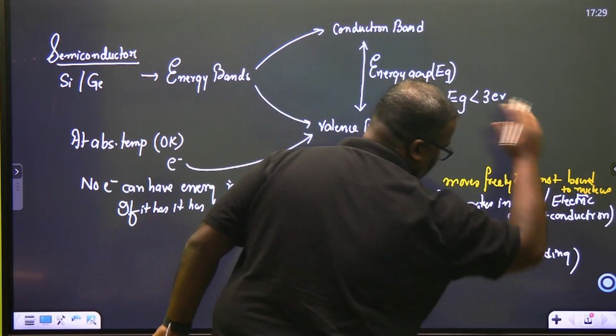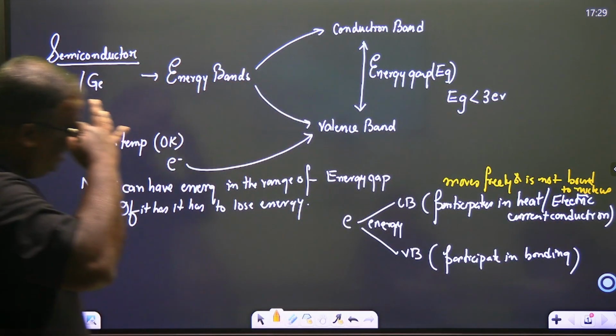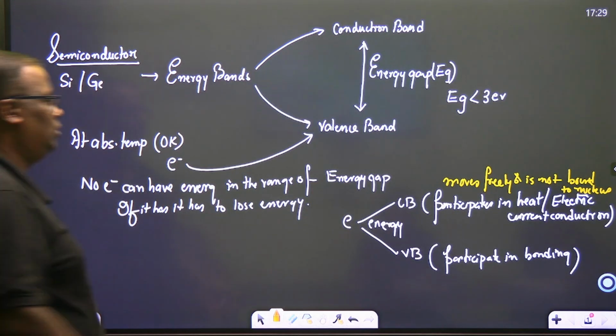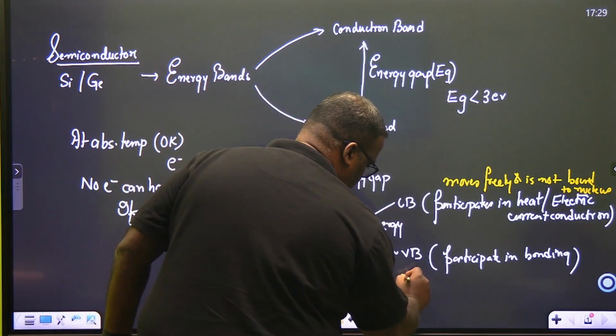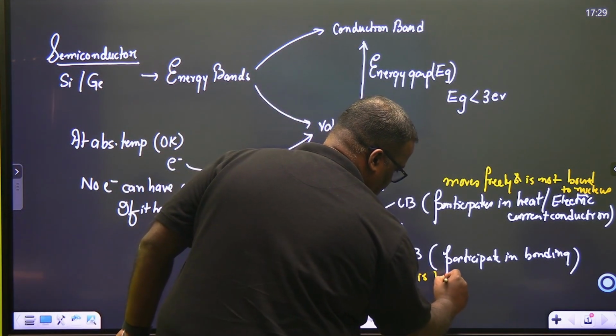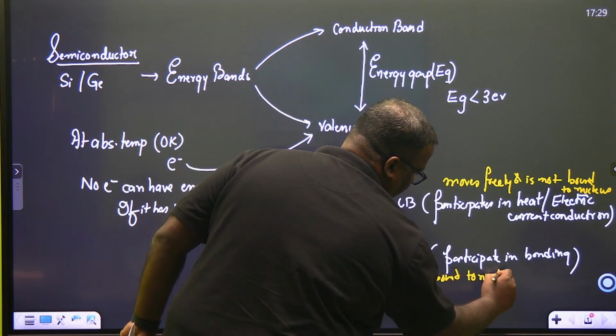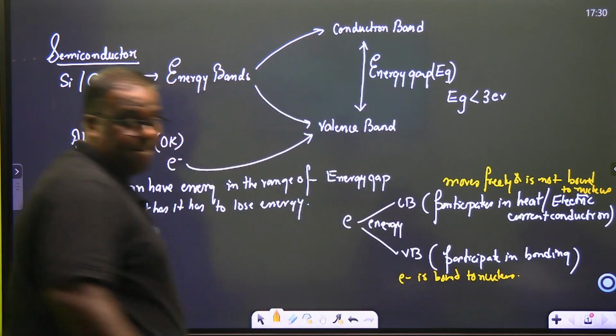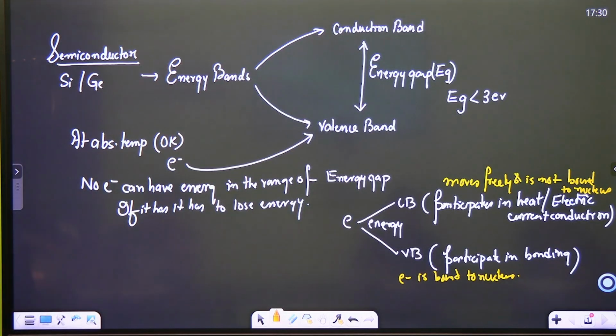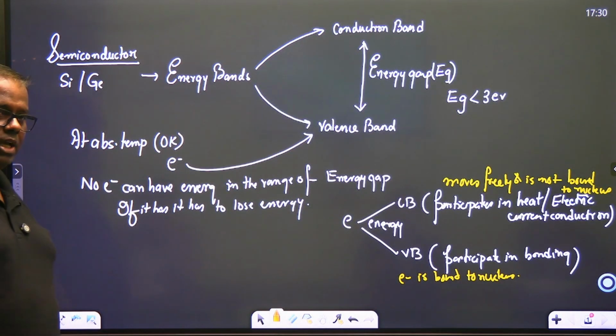If you draw this mind map and then follow the notes that I'm giving, they're more than enough. Here, the electron is bound to the nucleus. This is a recap of last class. Okay?